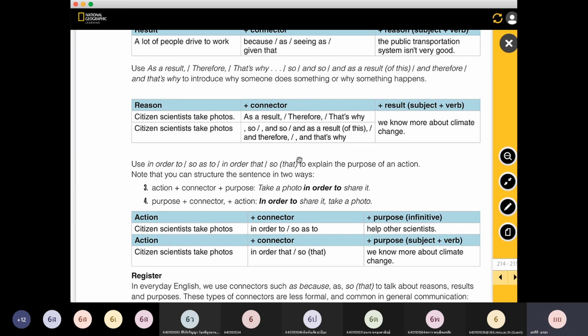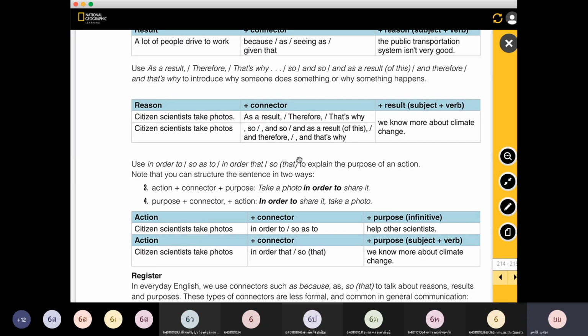And on the other hand, you use in order to, so as to, in order that, to start with the action first, like in the example here: citizen scientists take photos in order to help other scientists.